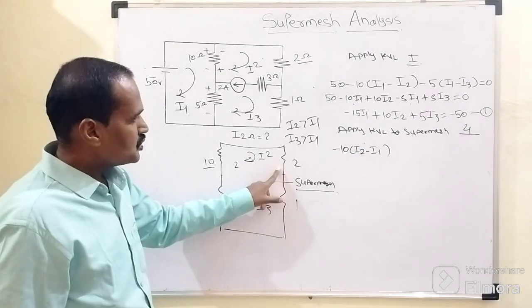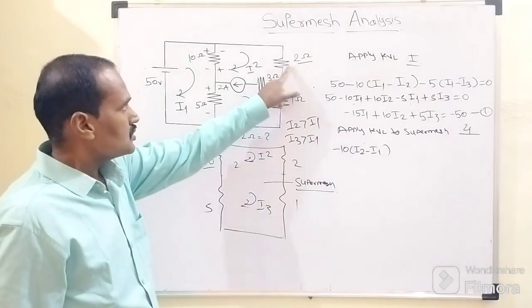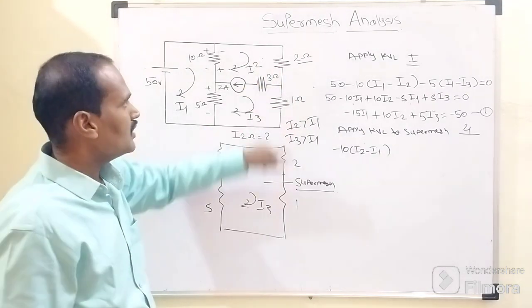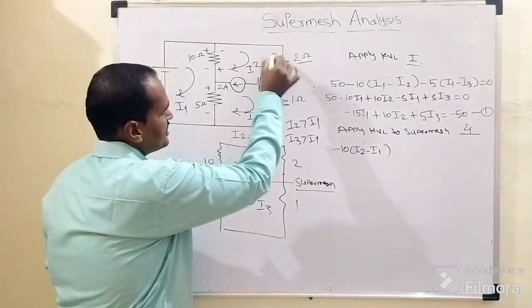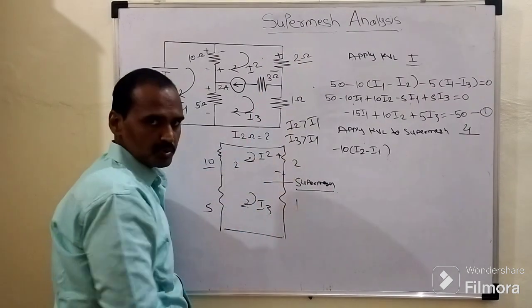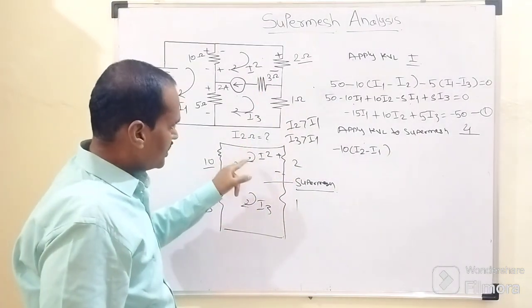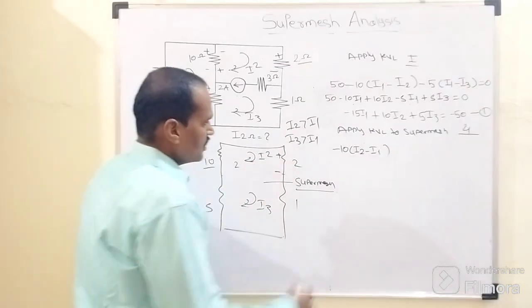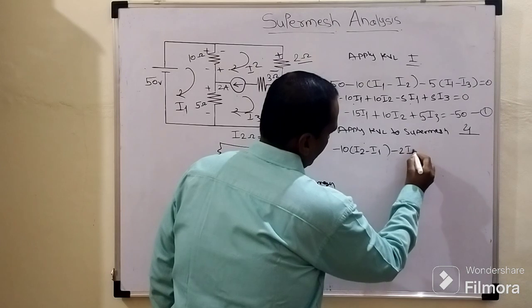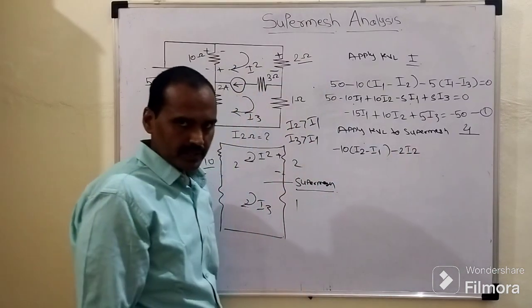Second element is what? This 2 ohm resistor. Through this 2 ohm resistor there will be a circulation of I2. How does I2 flow through this 2 ohm resistor? By considering this clockwise direction, top to bottom, right? Top to bottom. So we need to closely follow the direction of the assumed current. Again we are going from positive to negative, means minus 2 times of I2, right?